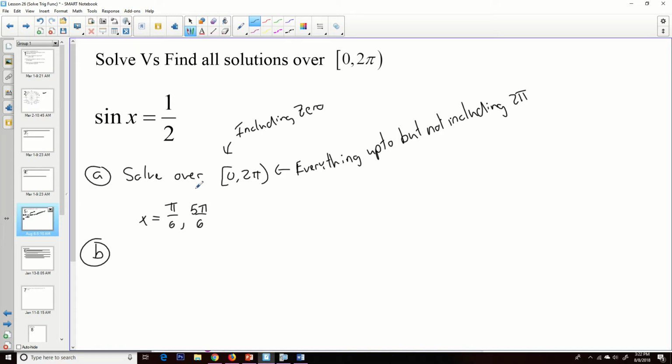All right, so part B. Part B says find all the solutions.